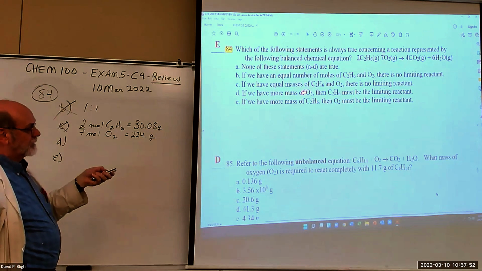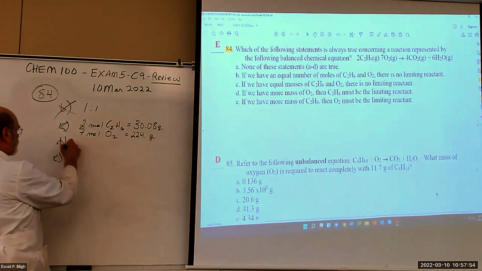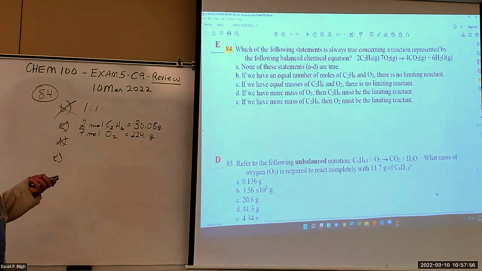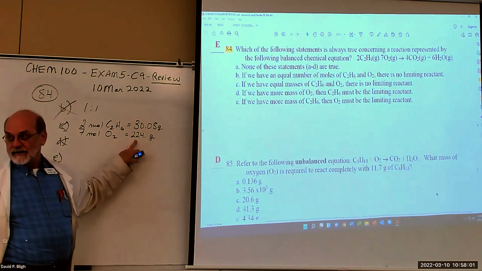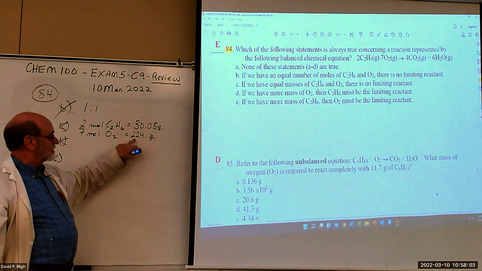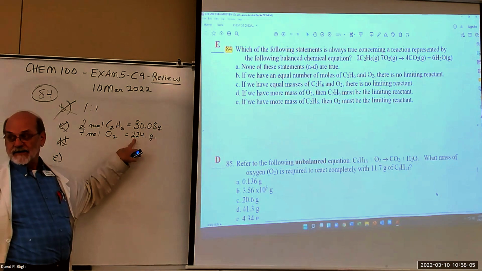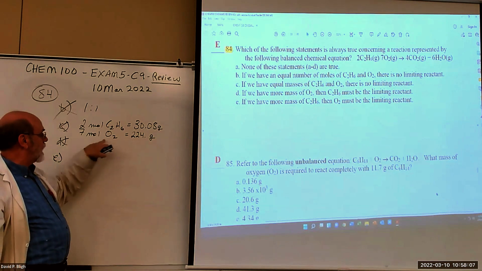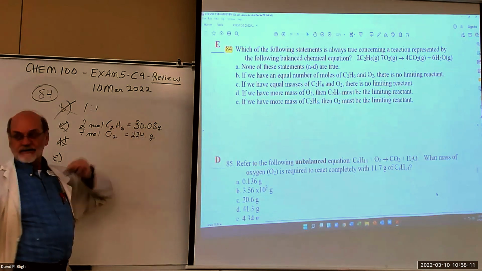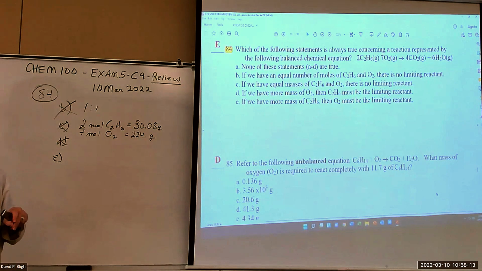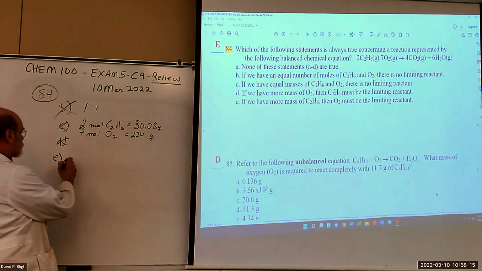Oxygen would be limiting. So the last one, if we have more mass of C2H6 than O2, yeah. If this is greater than that, say it's 225, it would definitely be, oxygen would be limiting because you have excess C2H6. Okay? So this one is correct.